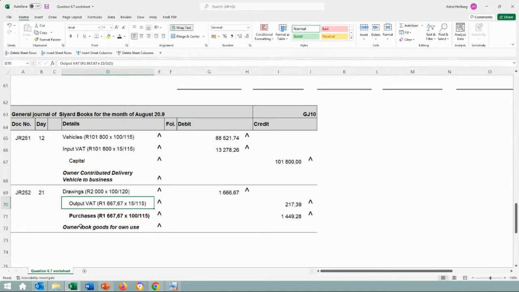So for that reason, we then raise output VAT. And because we are busy with the periodic inventory system, we take it to purchases and not to inventory as we normally would. So that was a main difference there.